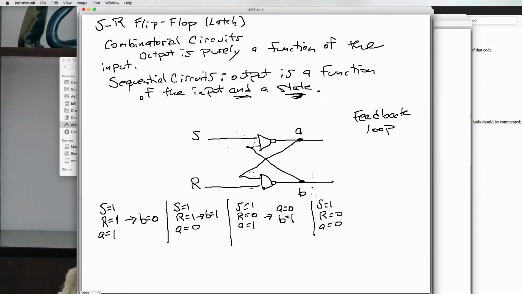Okay, so now let's work this example through. So in this case, S is 1, R is 0. We said initially A was 0. So I've got a 0 over here, and a 0 and a 0 going into a NAND gate is going to make B a 1. And I put a 1 over here, and a 1 plus 1 going in here means A is 0. And it looks like we have stabilized, and this is going to set B equal to 1.